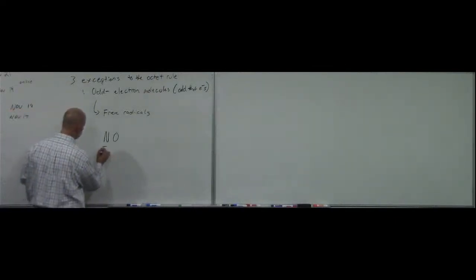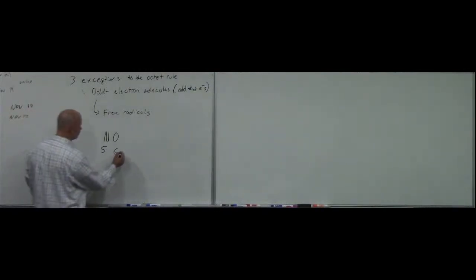It says here, determine the total number of valence electrons. So how many does it have? How many does nitrogen normally have? 5. How many does oxygen have? 6. Okay. So we're going to have a problem. Now, if this were an ion, that'd be one thing, right? But this is not an ion. Okay. So we're looking for 11.